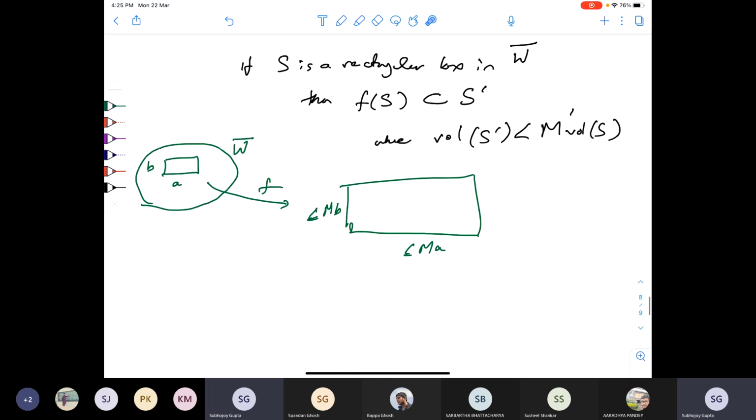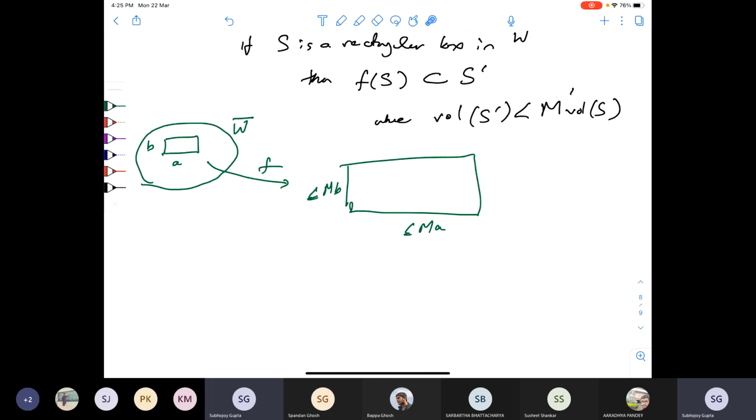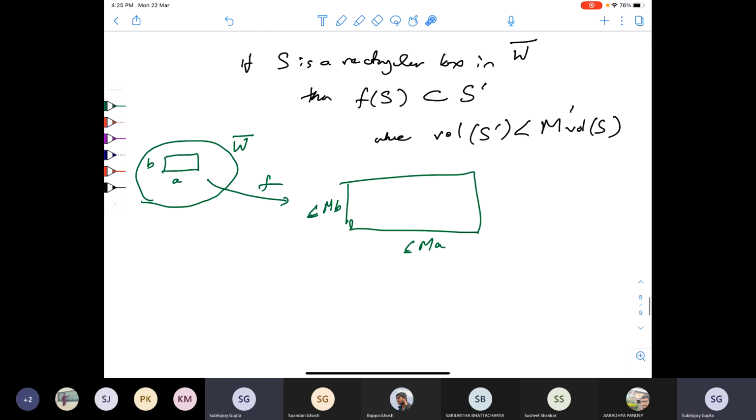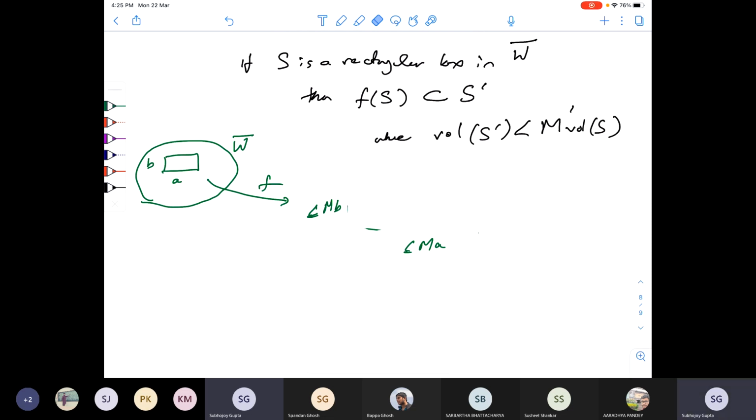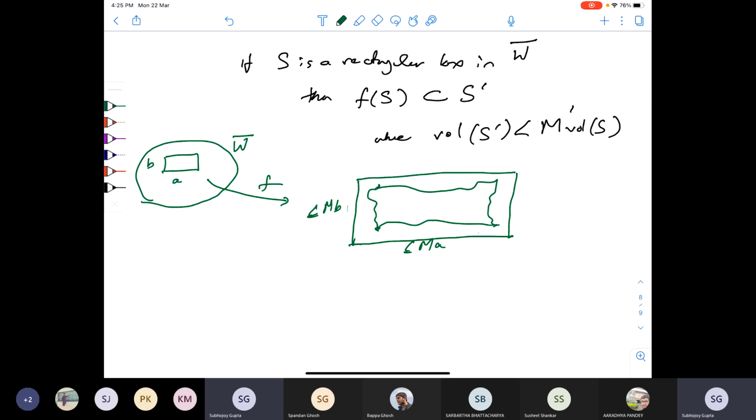This is what guarantees that, whatever the image is, by the way, the image need not be a box. Maybe I shouldn't have drawn it with straight lines. The image is some wiggly thing; all the sides map to some sides, but they're not too far apart. So it's easy to enclose this region inside a box, and that's going to be my S prime.